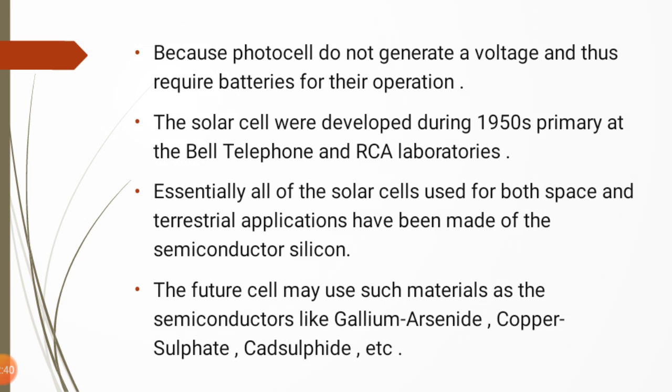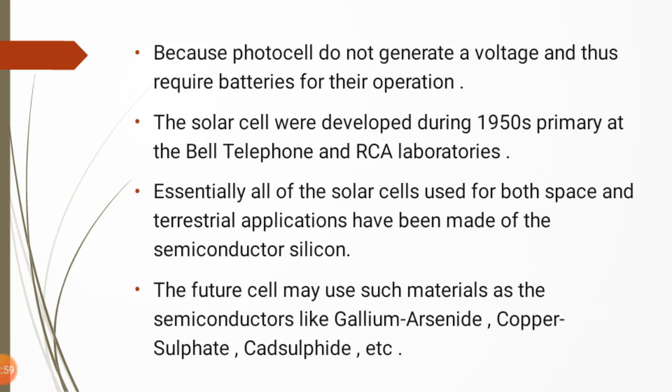But for solar cells only semiconductor material is used, because if solar light is incident on a semiconductor material, it can absorb the light and excite electrons from the valence band to the conduction band. That means there is excitation of the electron from valence band to conduction band, and so there is formation of an electron hole pair.